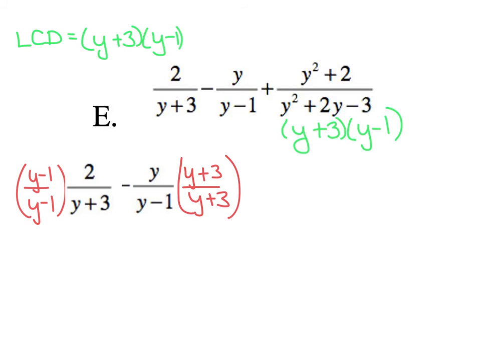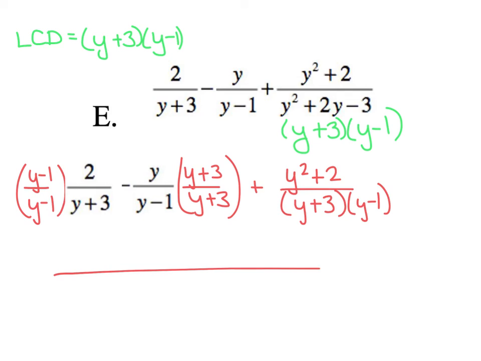And then my last one already has the common denominator, so I can just recopy that as the y squared plus 2 over, I'm going to leave it in the factored form, y plus 3, y minus 1.